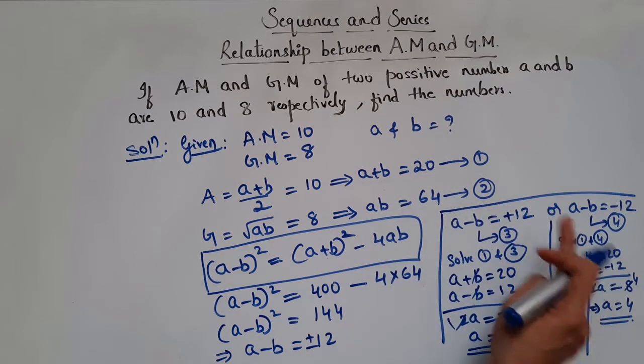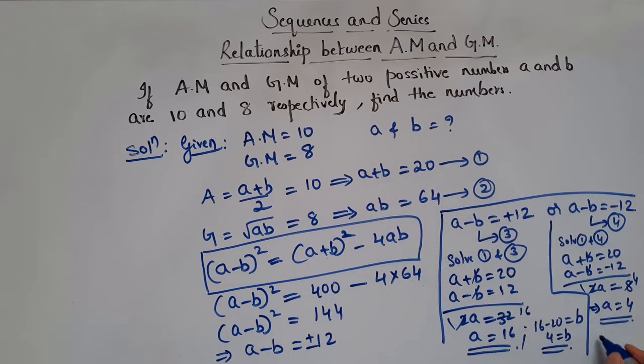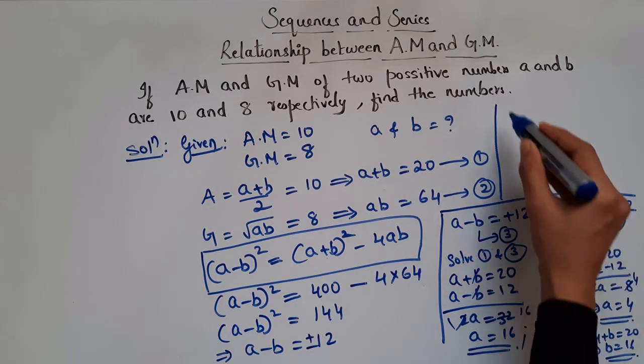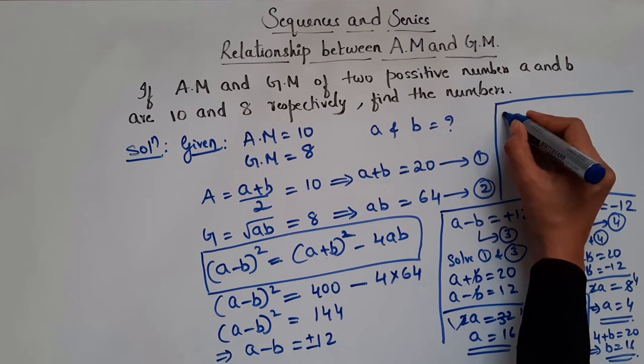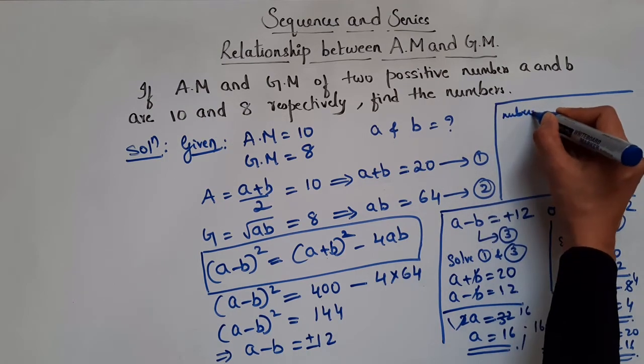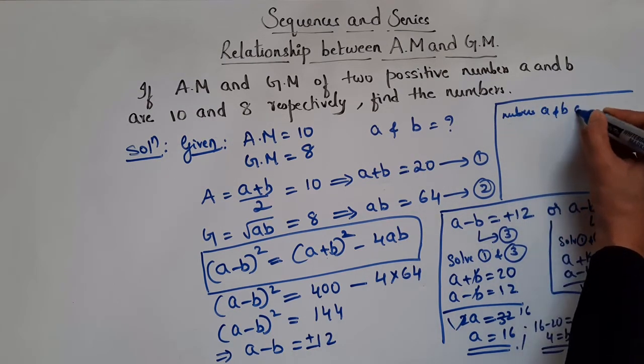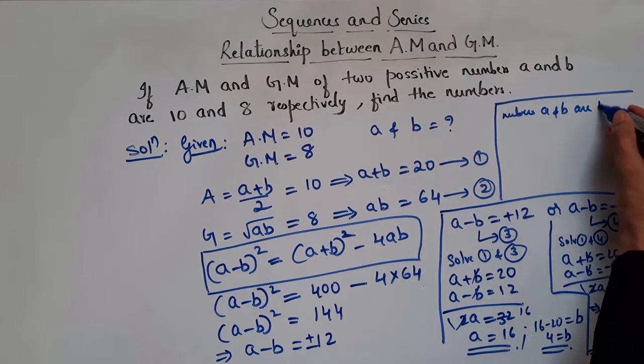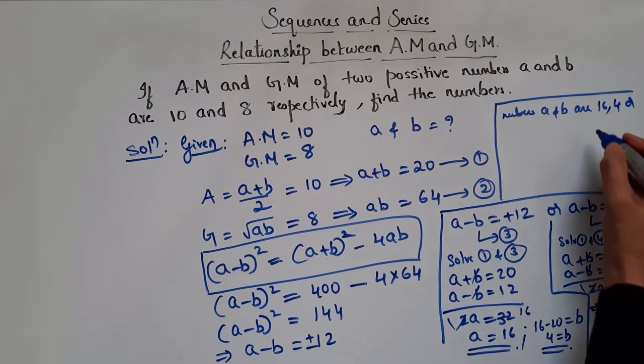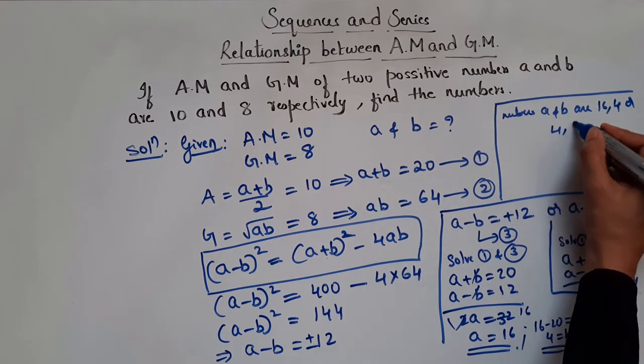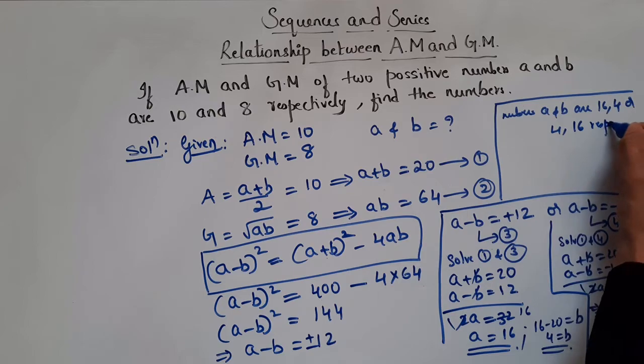We can put in any of the equations. So let's put in this equation. We have a is 4 plus b is equal to 20, which implies b is equal to 20 minus 4 is 16. So let me write the final answer here. So therefore the numbers a and b are 16, 4 or 4, 16 respectively.